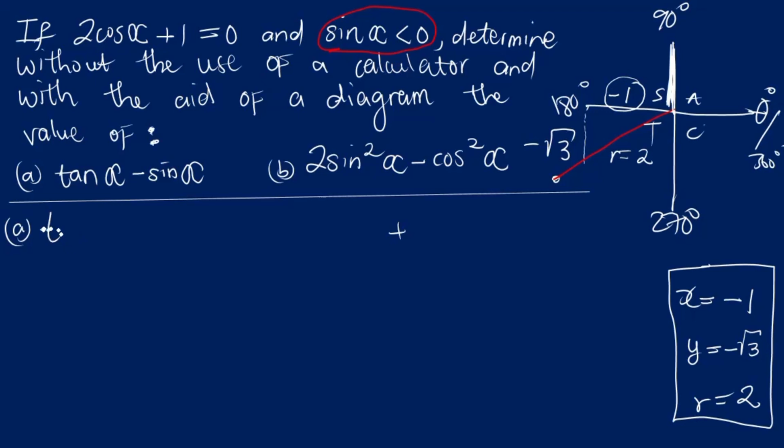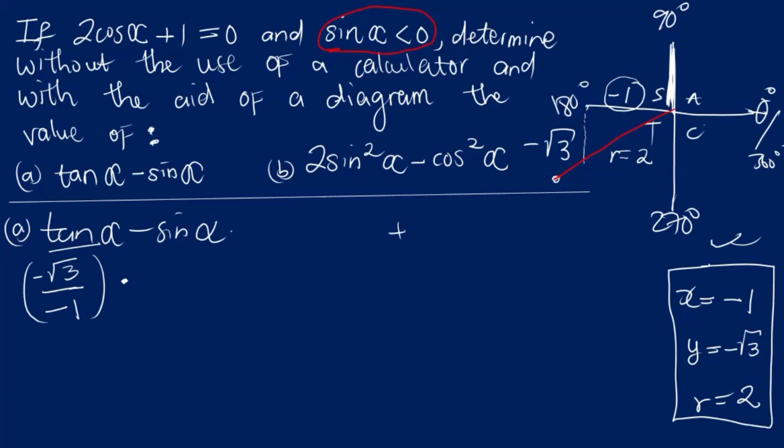Okay, let's move on. So here, for me to actually answer the first question, I used this table here. What does the tangent compare? Sorry, the tangent compares y over x. What is y? My y is root 3. What is my x? My x is -1. Let's put a bracket so it looks neat.